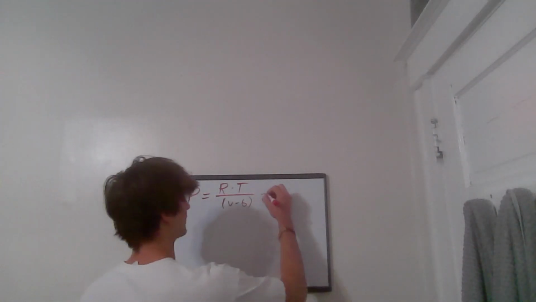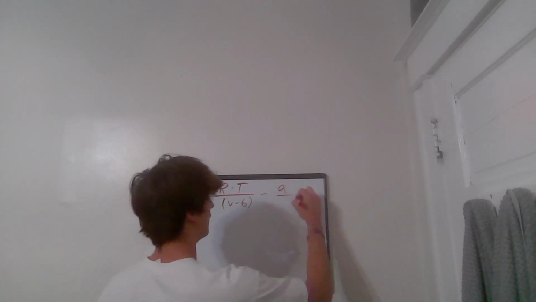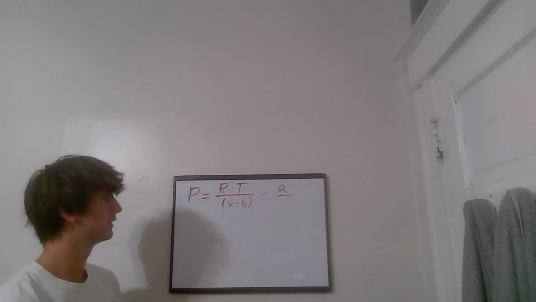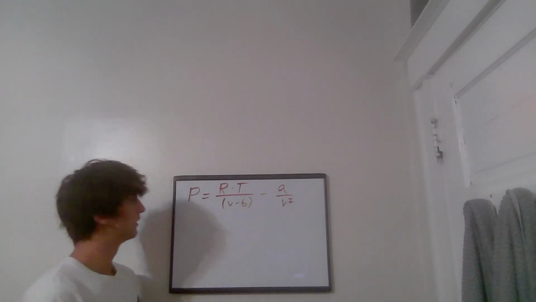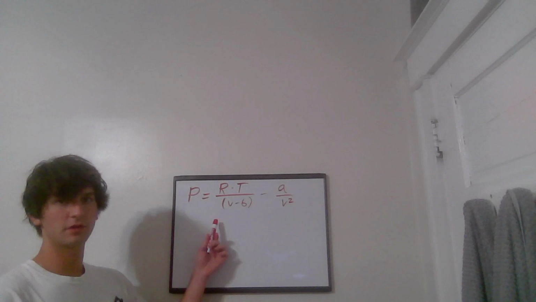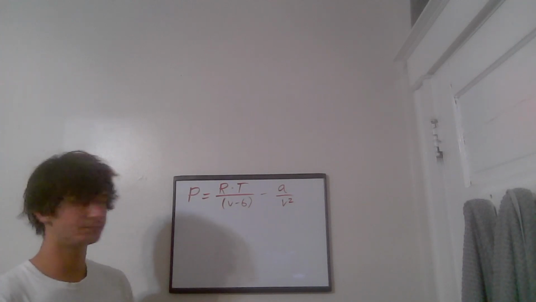And then it's going to be subtracted by A, our attraction constant, divided by the volume squared. So this is our van der Waals equation of state right here.